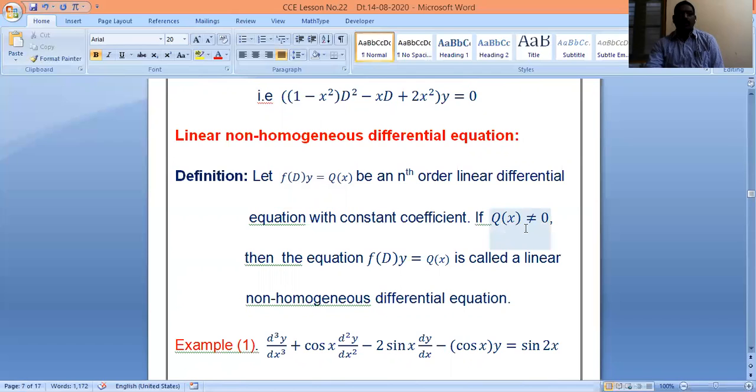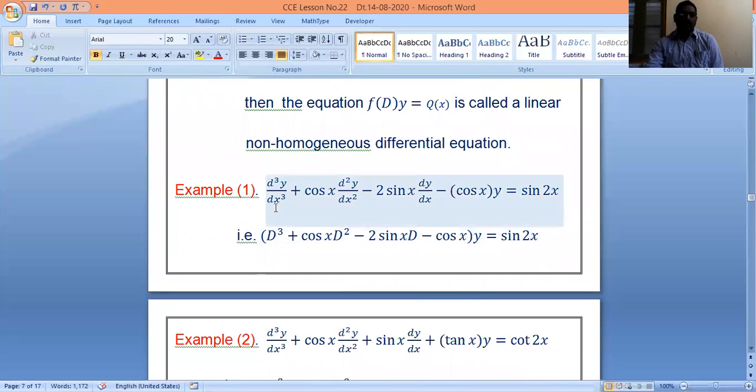If q(x) is not equal to 0, then the equation f(D) y = q(x) is called a linear non-homogeneous differential equation. For example, d^3y/dx^3 + cos x d^2y/dx^2 - 2 sin x dy/dx - cos x y = sin 2x.